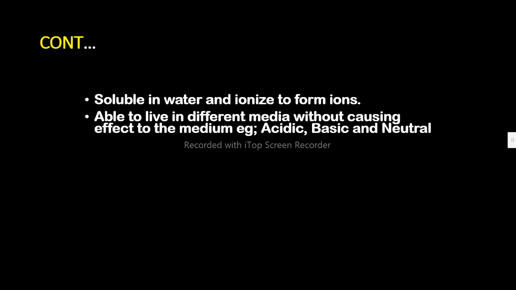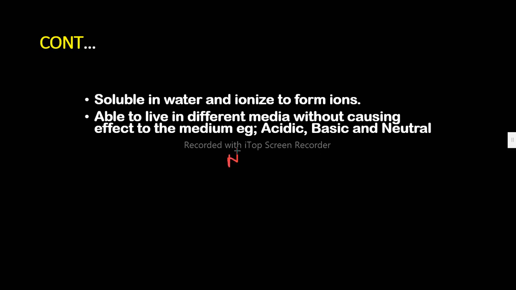Are you seeing that? You have the amino group. Let me write it. The amino group. And this group is basic in nature because it has a lone pair of electrons. And the acid, which is CH and then OH.